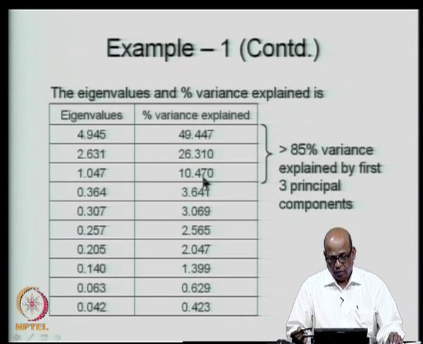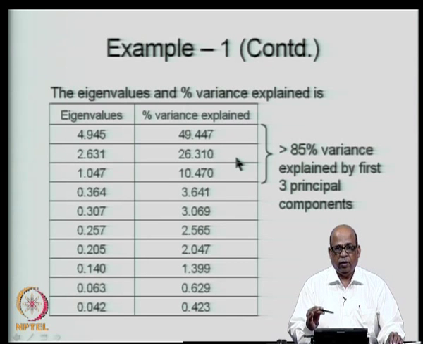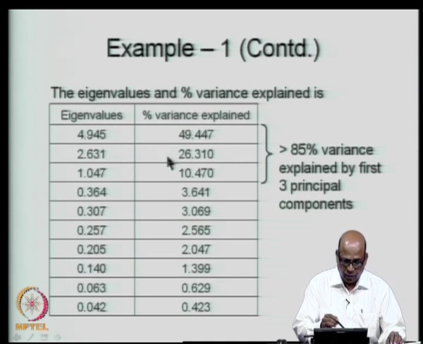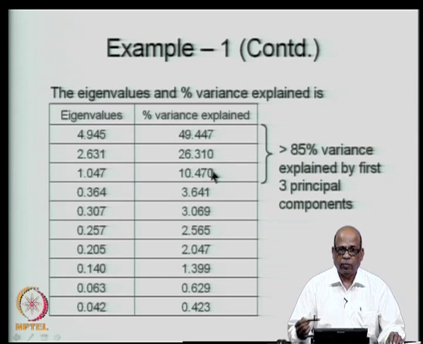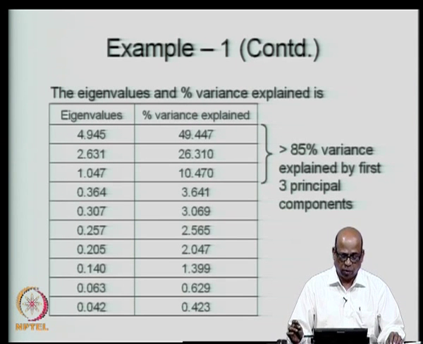Let us say that I am satisfied with using 85% of the information. That means, I want to reproduce 85% of the information in terms of the variance, and therefore, I restrict my regression relationship only to these 3 principal components and develop the regression relationship again, much the same way as I did just a while ago using all the 6 principal components.